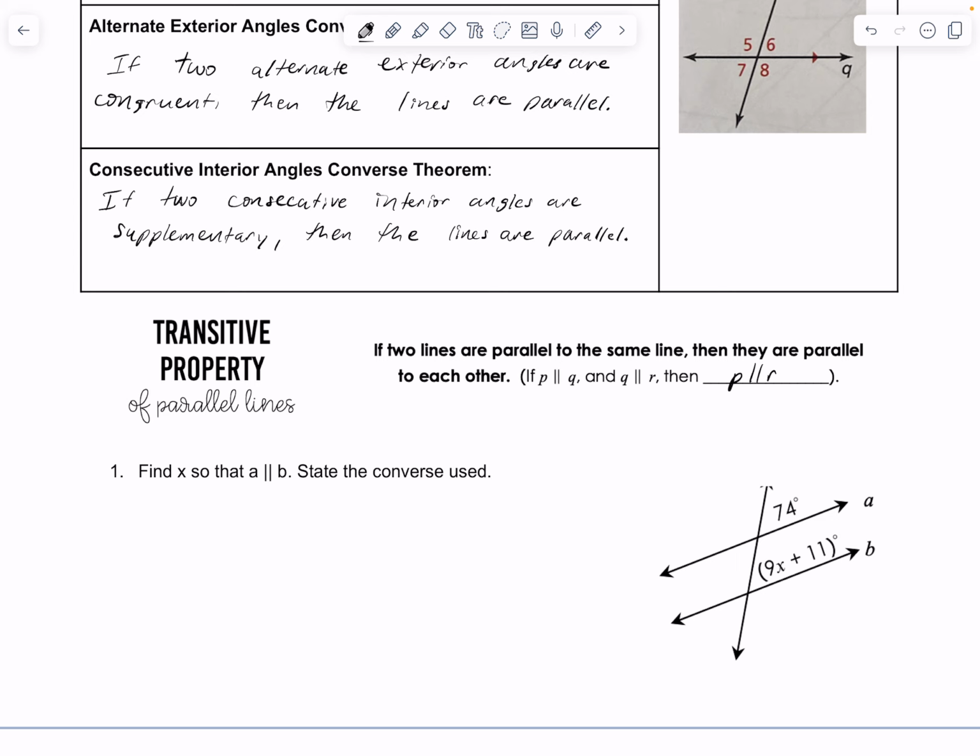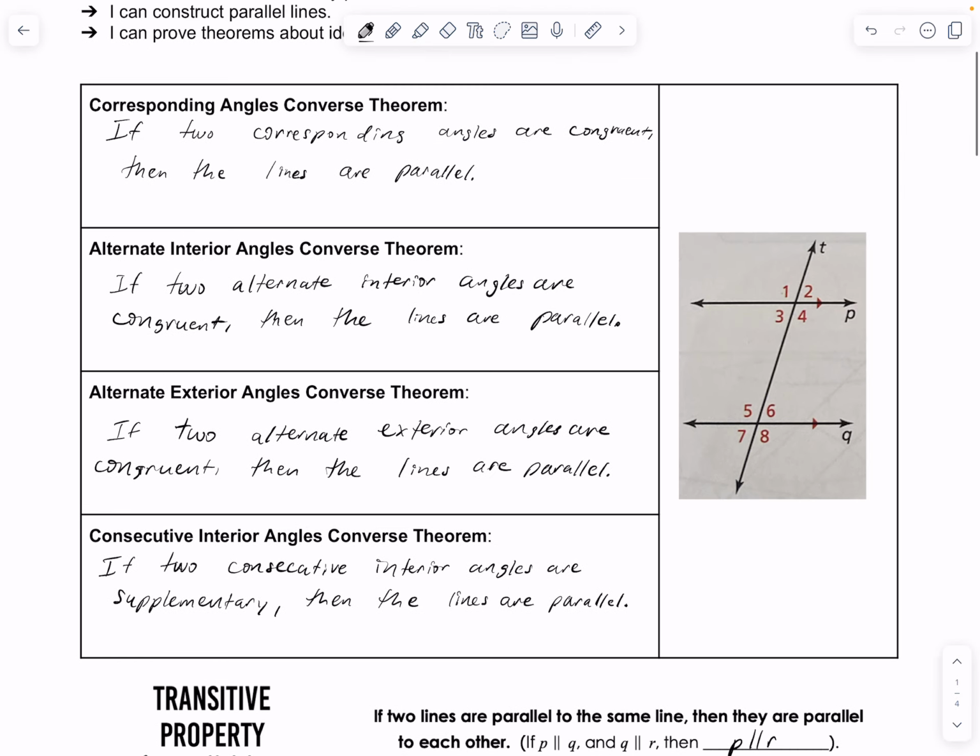All right, so the first example that I want to go over is how we can find the value for x in this figure to prove that A is parallel to B. So basically, what would x need to be to allow us to use one of these theorems that we just mentioned? If you notice these angles, these are corresponding angles. So essentially, I can use the corresponding angles converse theorem.